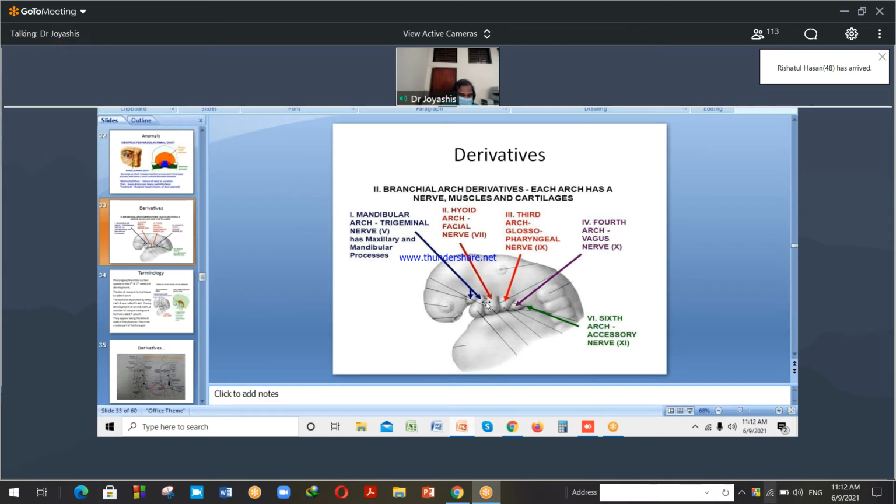The center of the arch is composed of cartilage that is formed as a result of condensation of mesenchyme. Mesenchyme is mesodermal in origin.